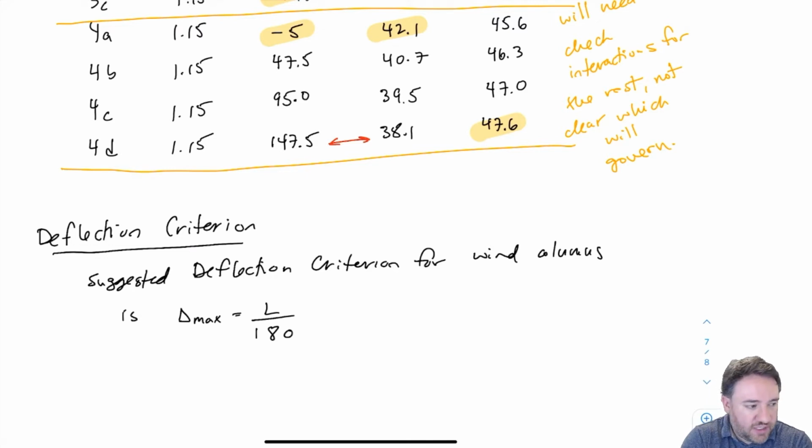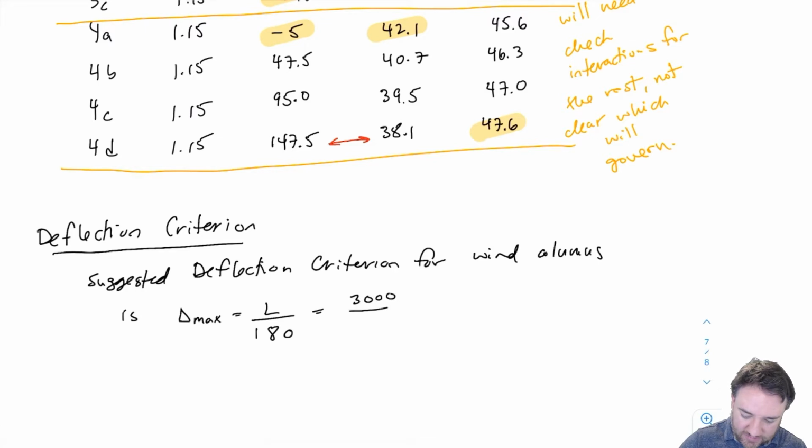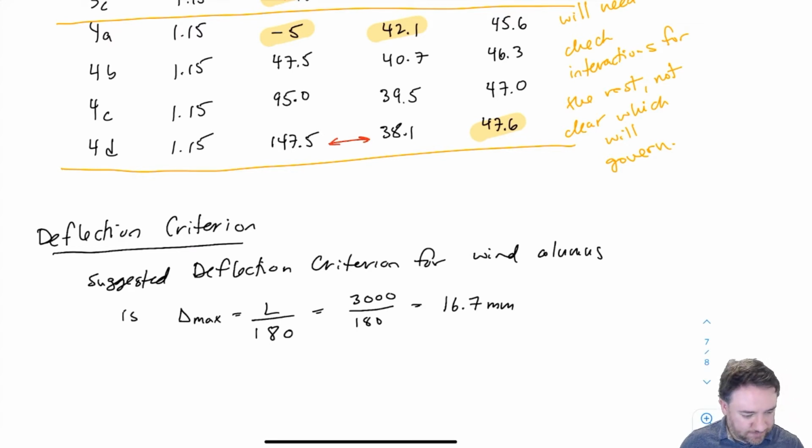But one recommended deflection criteria for wind columns is very similar to that deflection criterion from our standard, which is to minimize the inward deflection or outward deflection to L over 180. And in this case, since our L is 3000, our deflection criteria then is we want to stay under 16.7 millimeters or 17 millimeters.